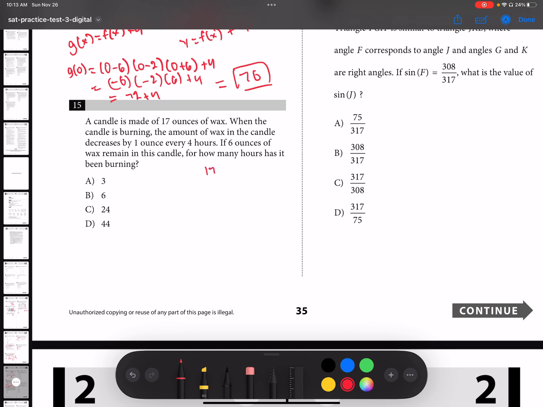So we could say 17 minus 6 is equal to 11 ounces, because 6 ounces remain, so it reduced 11 ounces. So 1 ounce every 4 hours, over 11 ounces. So now we just multiply it, so h is equal to 44. So that means that our answer would be D.